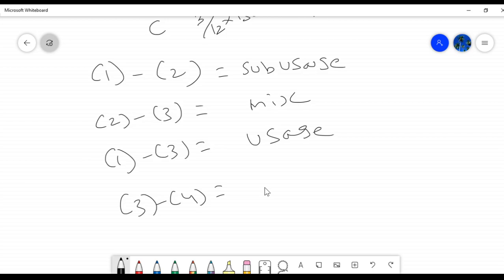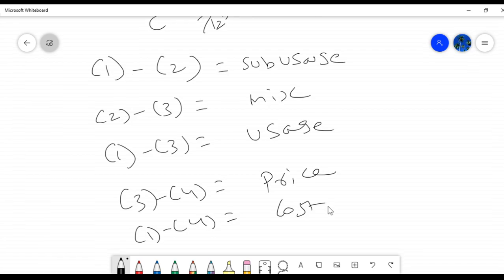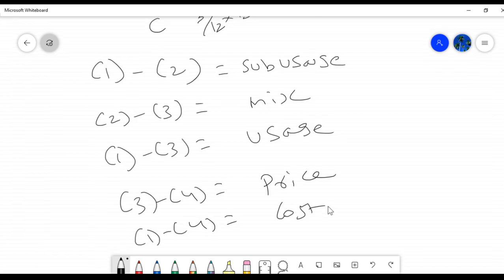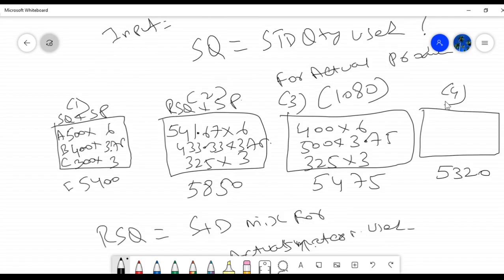Then 1 minus 4, cost variance. Please arrive at your answer. Please take this as homework, and from the above answers, that is boxes 1 2 3 4, from this you please arrive at the answer. In material also the answer is available, just go through it yourself.